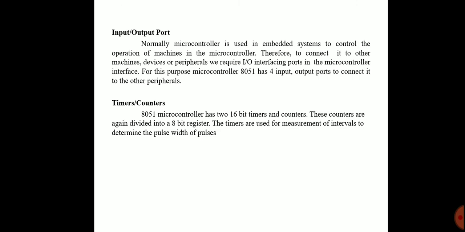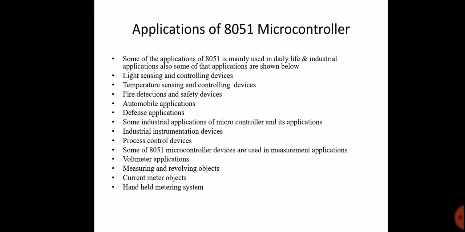Now we see the applications of the 8051 microcontroller. Some of the applications of the 8051 are mainly in daily life and industrial applications. Some of the applications are shown below. Number one is light sensing and control devices, then temperature sensing and controlling devices, and also fire detection and safety devices.